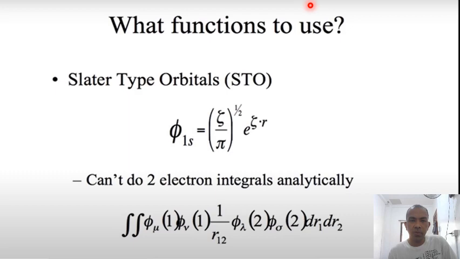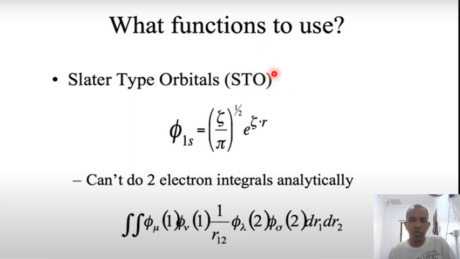So what functions to use? We focus on basis sets derived from solutions to the one-electron Schrödinger equation for a single atom, where we get atomic orbitals. We've really been talking about Slater type orbitals, the STO.